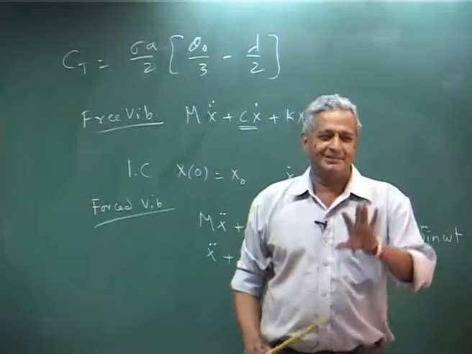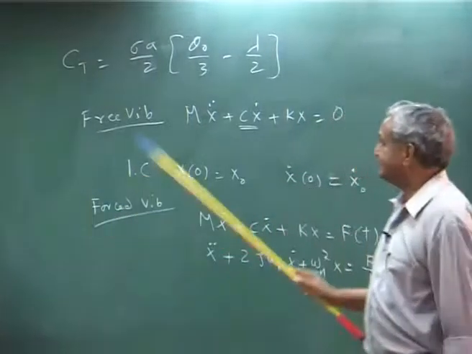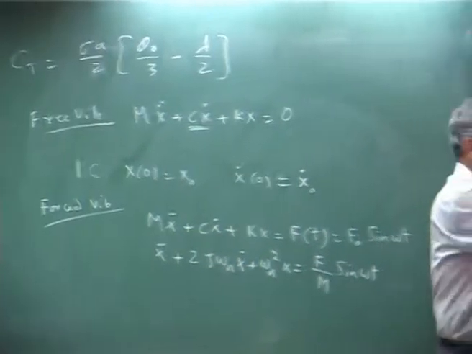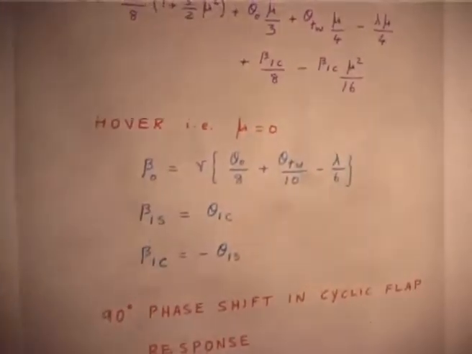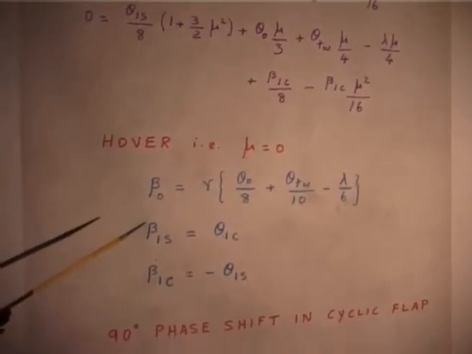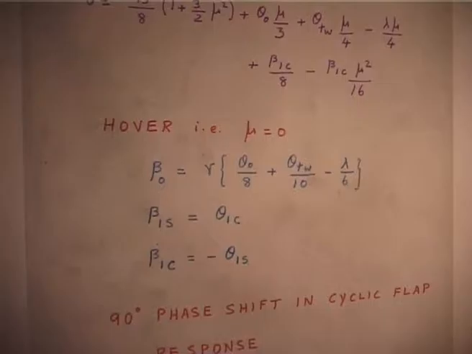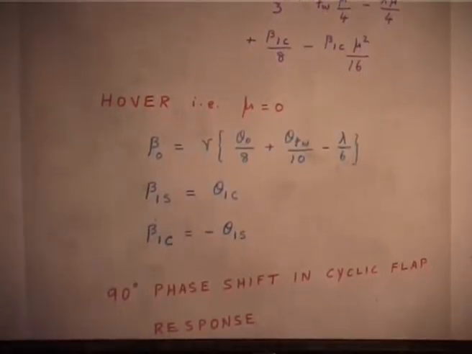So, it is some crude way of theta by 3, but here it is theta naught by 8, okay. It is not that same expression, and lambda by 6, okay. But some close thing, it looks similar, theta minus lambda, okay.